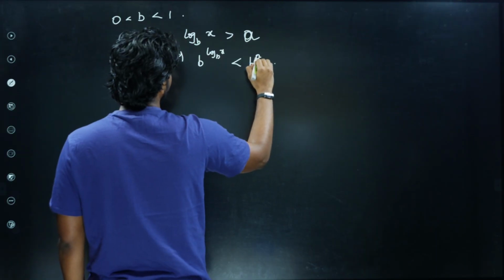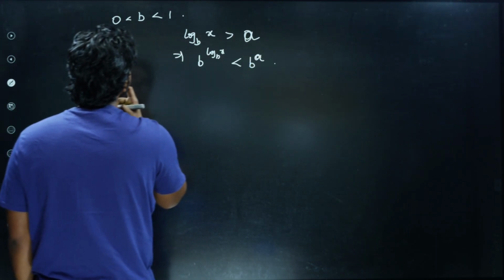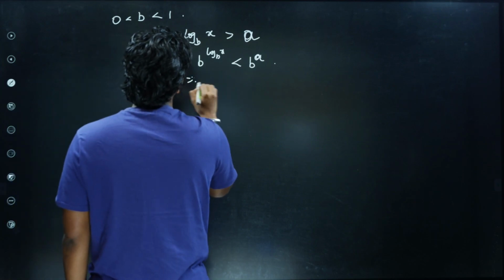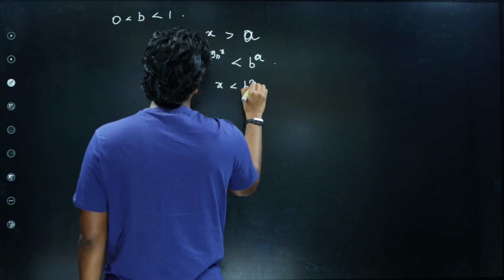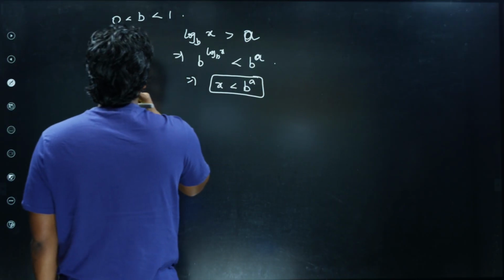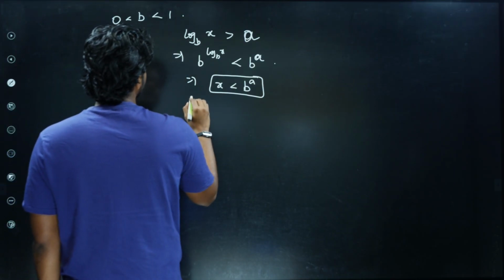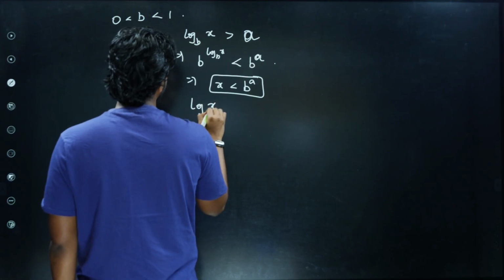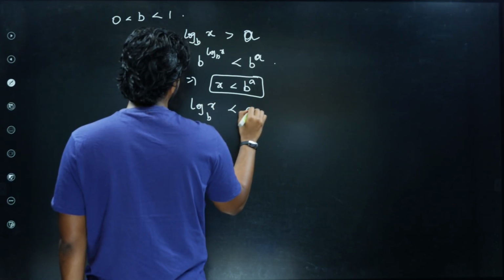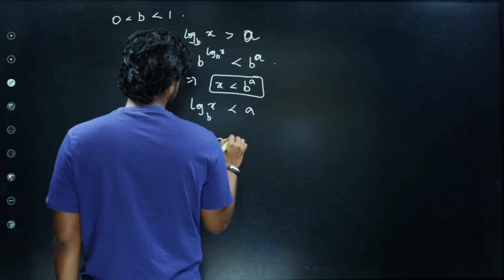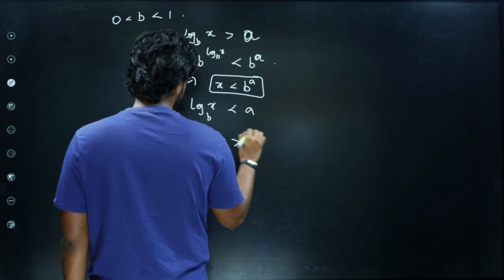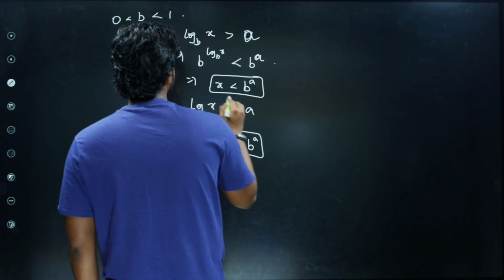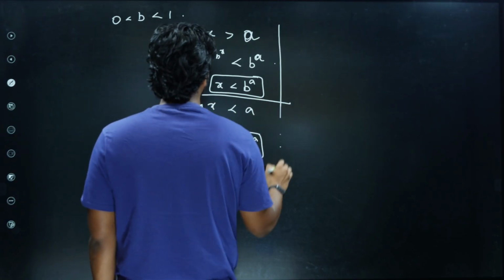If it is a, it is a. So x is less than b power a. And log x base b is less than a, then x is greater than b power a. These two are to be noted very nicely.